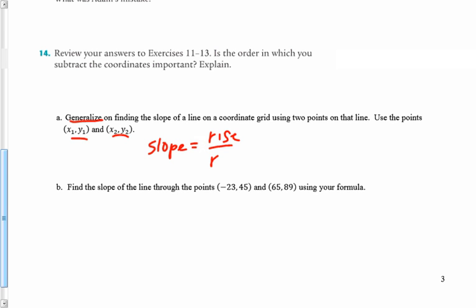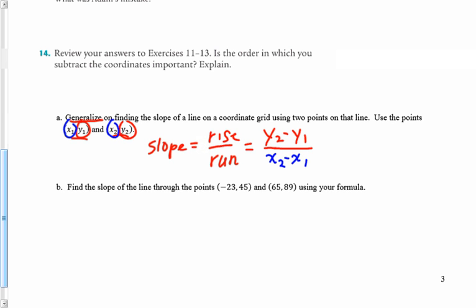But you'll notice that I found the rise by subtracting the y coordinates. So in our formula, we'll just say y sub 2 minus y sub 1 to get that rise. That's these two. And then we'll subtract the x coordinates to get the run. That's these two. And it doesn't really matter which order. You could do y sub 1 minus y sub 2 and x sub 1 minus x sub 2. But that's a generalized formula.